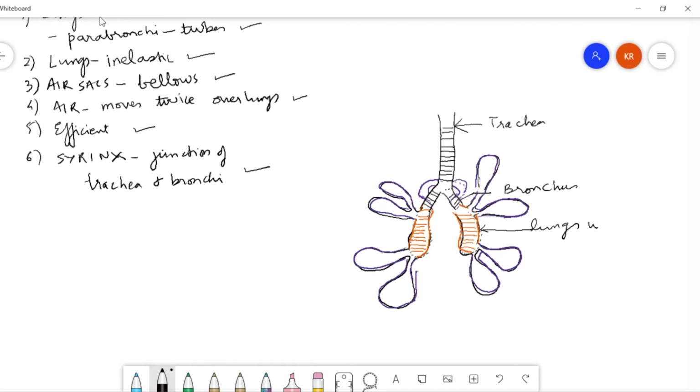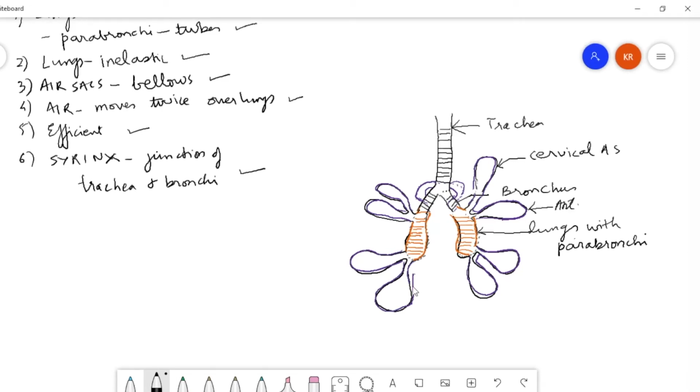So let's label these. This is cervical air sac.